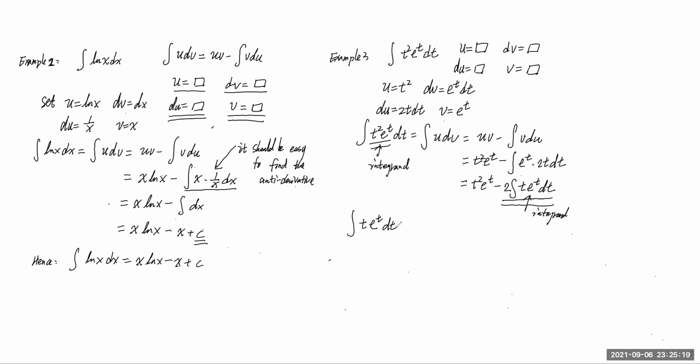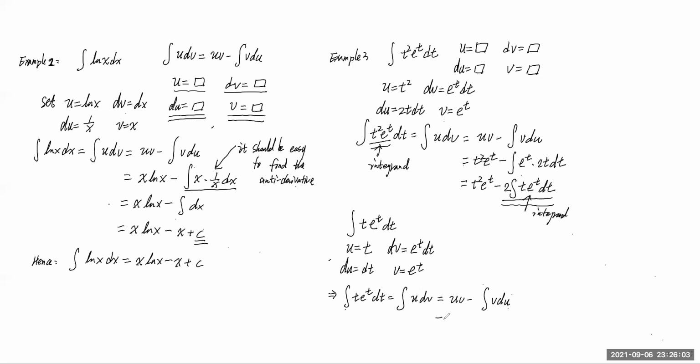Let's reuse the formula of integration by parts again. We said u is t, dv is e^t dt. So we get du is dt, v is e^t. So the integral of t e^t dt is uv minus the integral of v du.